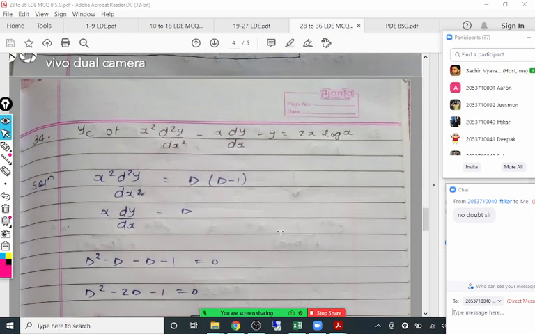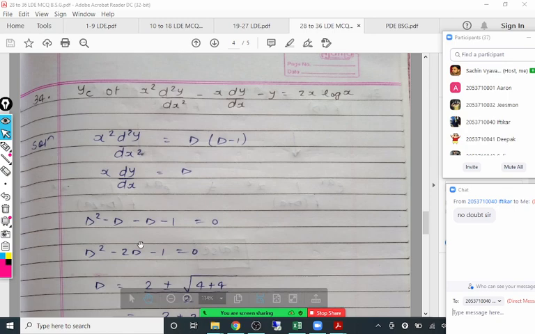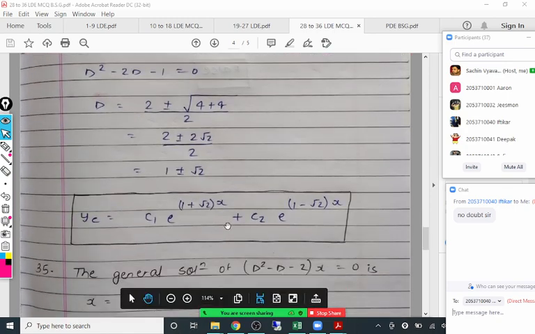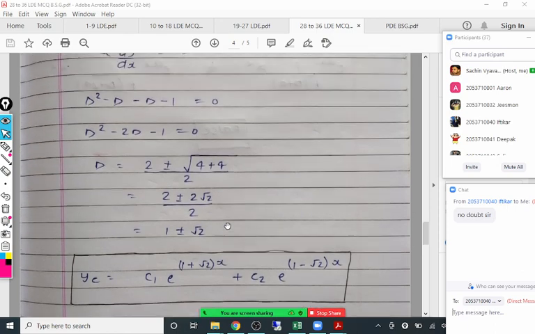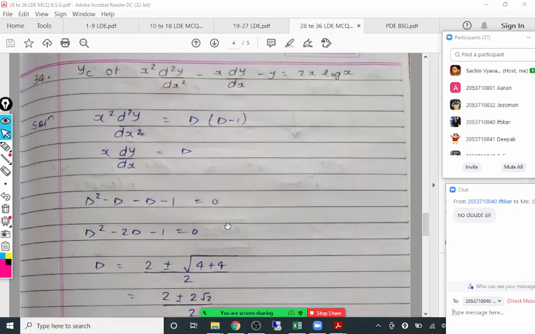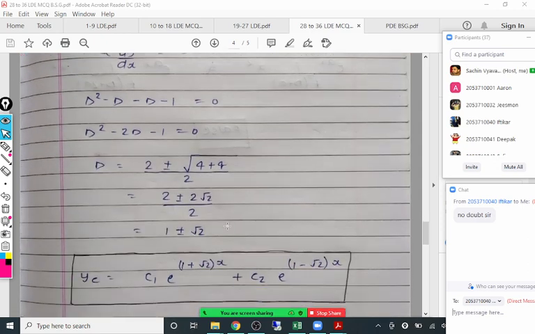Okay. Question 34. We are given Cauchy's form again, and we want YC. So we replace this and we get a root here, and this is the answer. Is the answer correct?